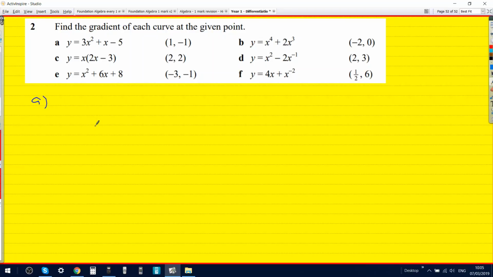Yeah, how would you do 2a? You have to differentiate again. Mm-hmm. Start with, so you get 6x, x minus 5. Sorry. Plus which is it's 1x.